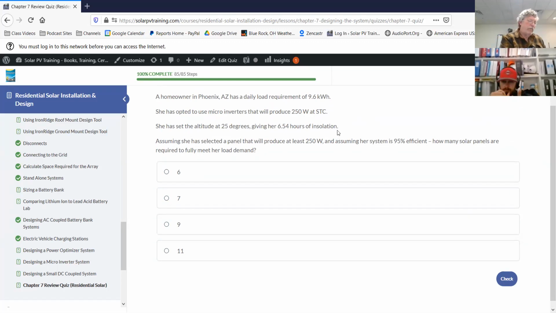All right, so it's 9.6, 250 watts, 6.54 hours. Assuming she's picked a panel that's at least 250 watts and her system is 95% efficient, so that's our derate. How many panels does she need? Well, let's walk through that problem.